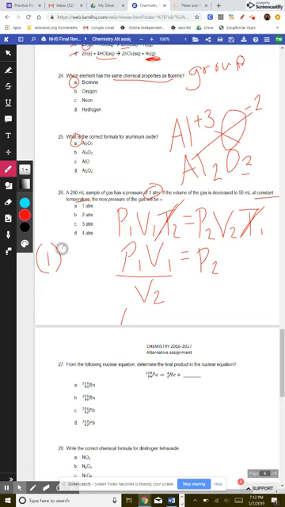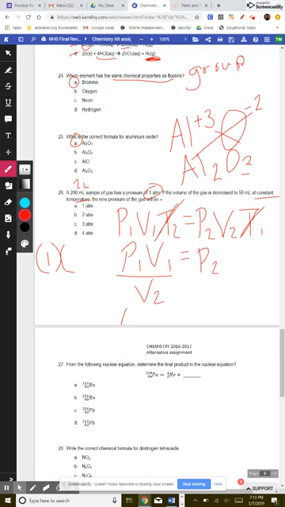Volume 1 is 200 milliliters. I can change that to liters to make it a little bit more comfortable to use. Okay, that would be 0.2 liters, just divide by 1,000.